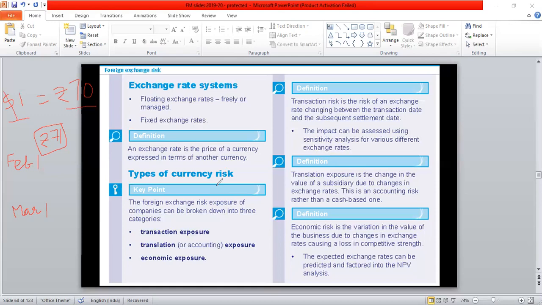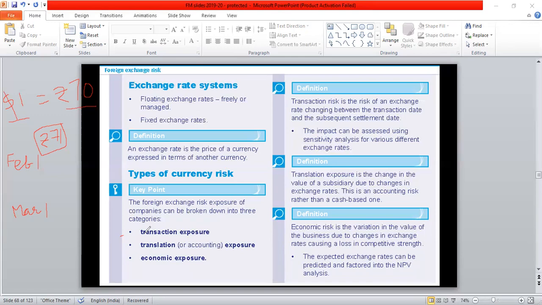There are basically three different things mentioned here. The foreign exchange risk exposure of companies can be broken down into three categories. Why are we calling it a risk? Because risk is a variation in the expected value.